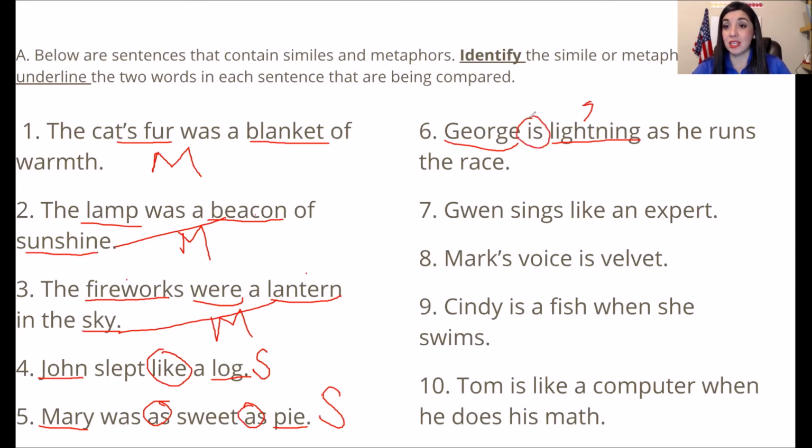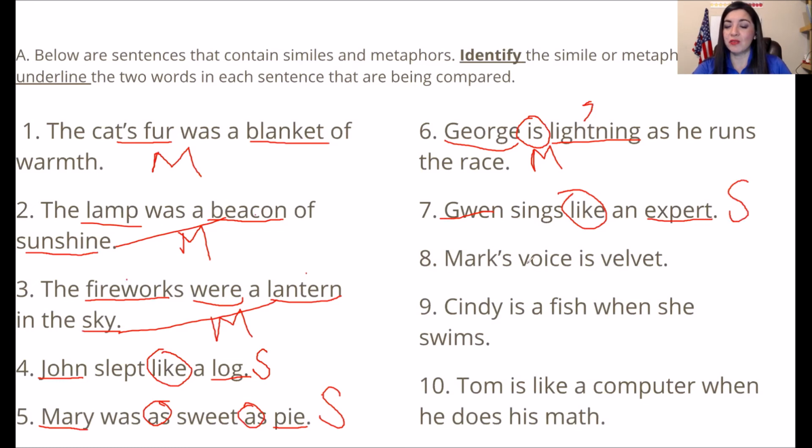And this uses is, right? Not like or as, so this is a metaphor. Number seven, Gwen sings like an expert. Gwen is being compared to what noun? An expert. It uses the word like, so this is a simile.